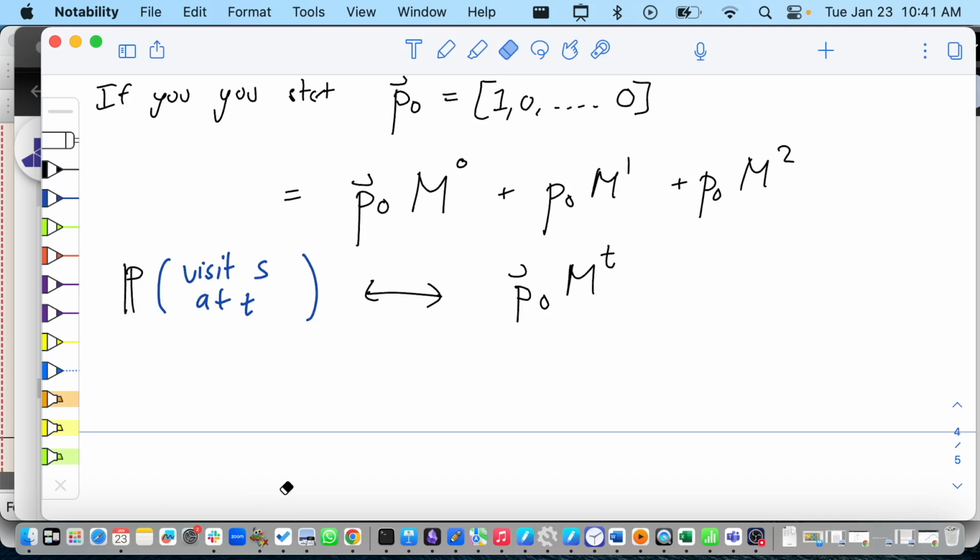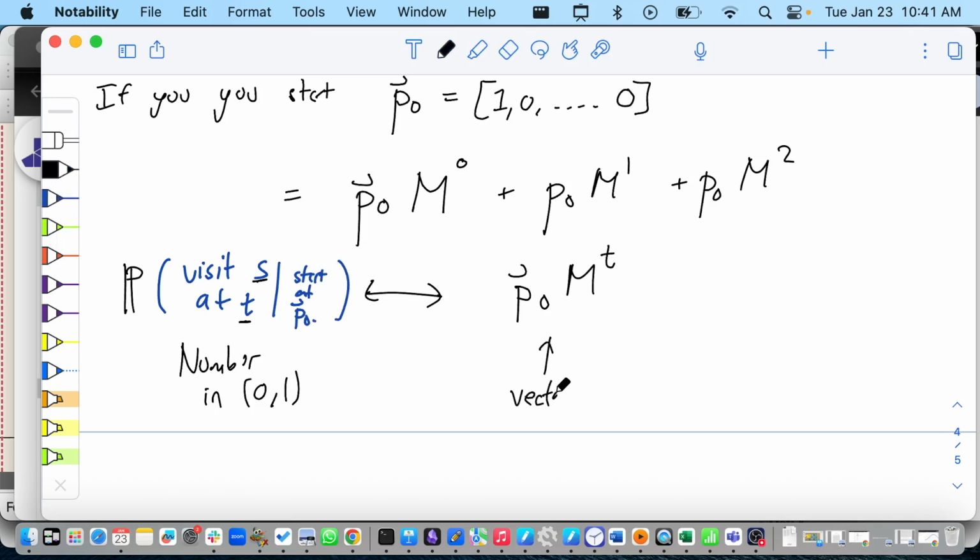The thing that is missing here is that the left-hand side is a number. It's between 0 and 1. It's a probability, right? You told me the state S. You told me t. I guess I could include starting at p0. But the right-hand side is a vector. The matrix M is the transition matrix of probabilities.